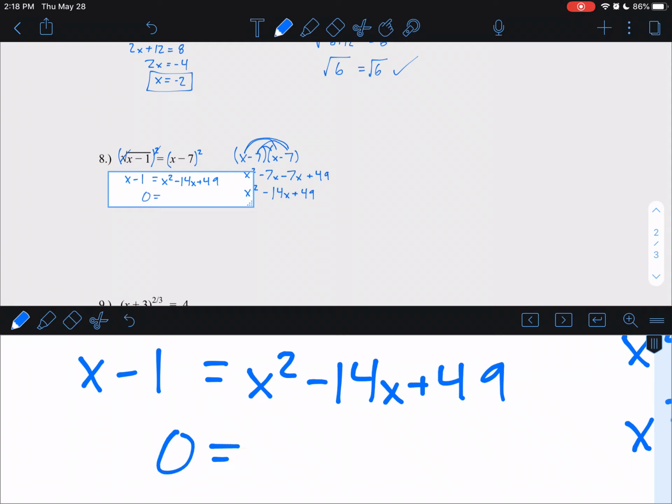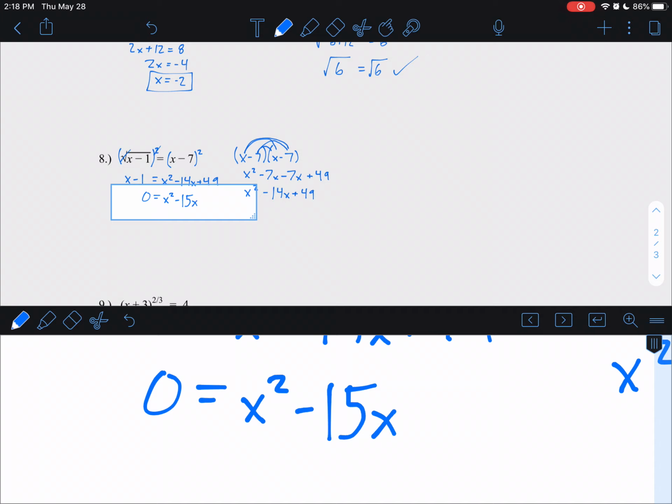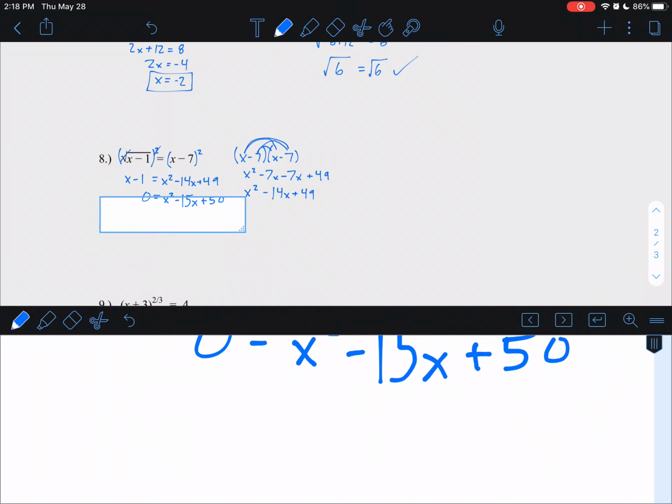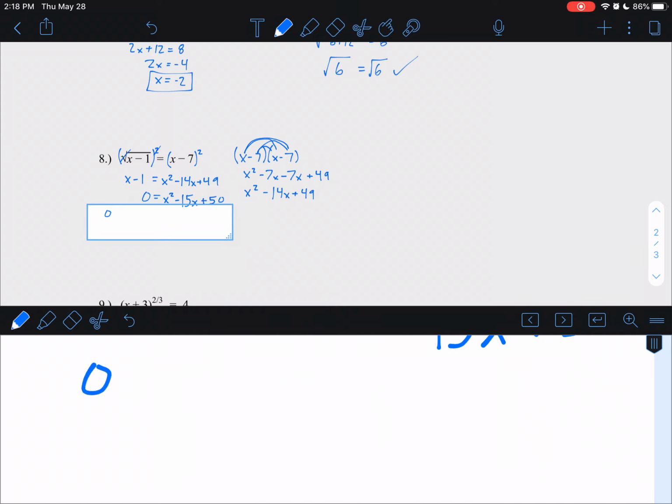That gives me 0 equals x squared minus 15x plus 50. And now I want to find two numbers that are going to multiply to be 50 and add to be negative 15.